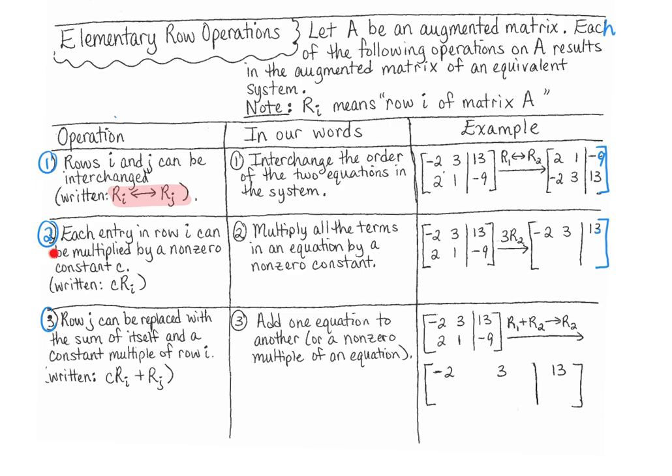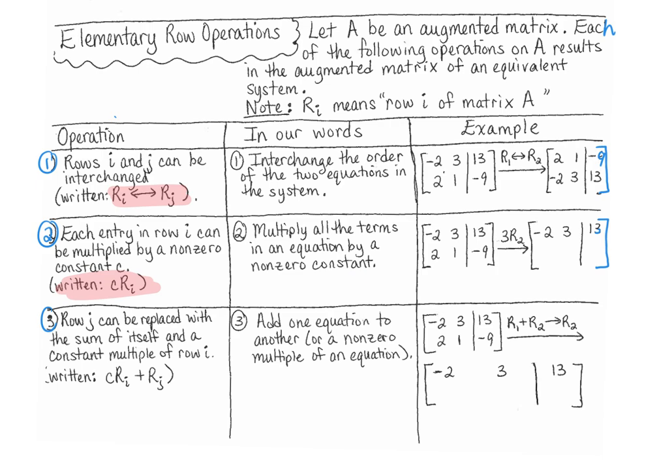The second elementary row operation: each entry in row I can be multiplied by a non-zero constant C. We write this as C times Ri. What does this mean? This just means we take row I, we multiply it by C. We multiply all the terms in an equation by a non-zero constant.